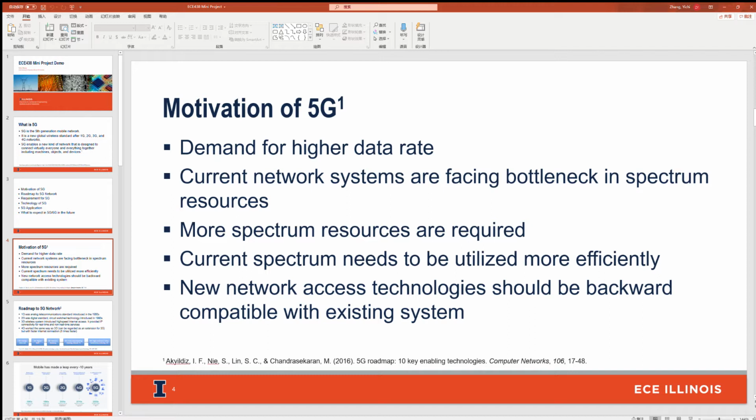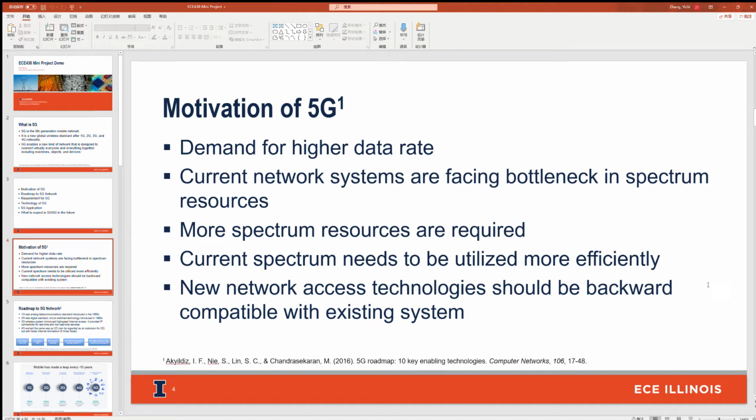Moreover, small cells and ultra-dense networks will be deployed to make the network more flexible and to provide more users with network connectivity anywhere at any time. Additionally, new wireless access technologies should be backwards compatible with the existing solutions to obtain the optimal network performance with faster data rates, which ultimately leads to the driving forces towards the fifth generation wireless communication network.